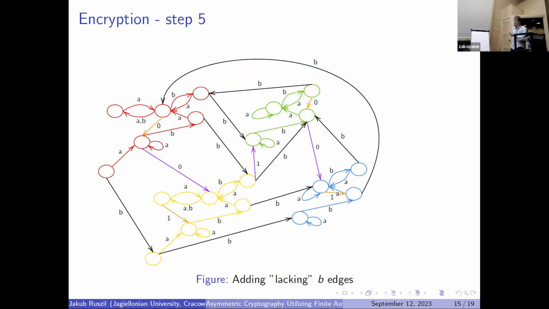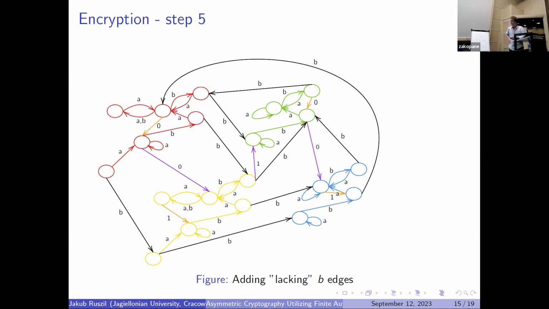So we just add some transitions between those automata to make that construction a DFA when we restrict that construction to the letters A and B in that case.